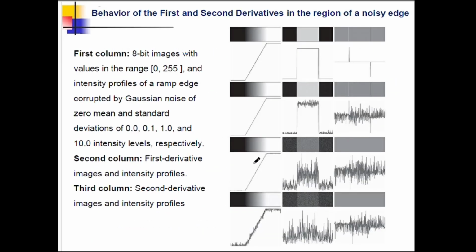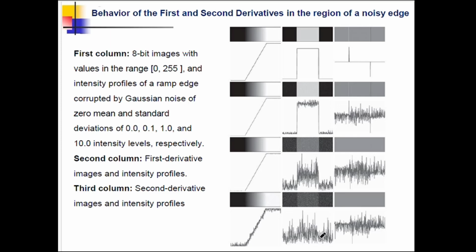I explained it. Now, the behavior of the first and second order derivatives in the region of a noisy edge. See, the first column shows 8-bit images with values in the range 0 to 255, meaning grayscale images, and intensity profiles of a ramp edge corrupted by Gaussian noise of 0 mean and standard deviations of 0, 0.1, 1 and 10 intensity levels respectively.